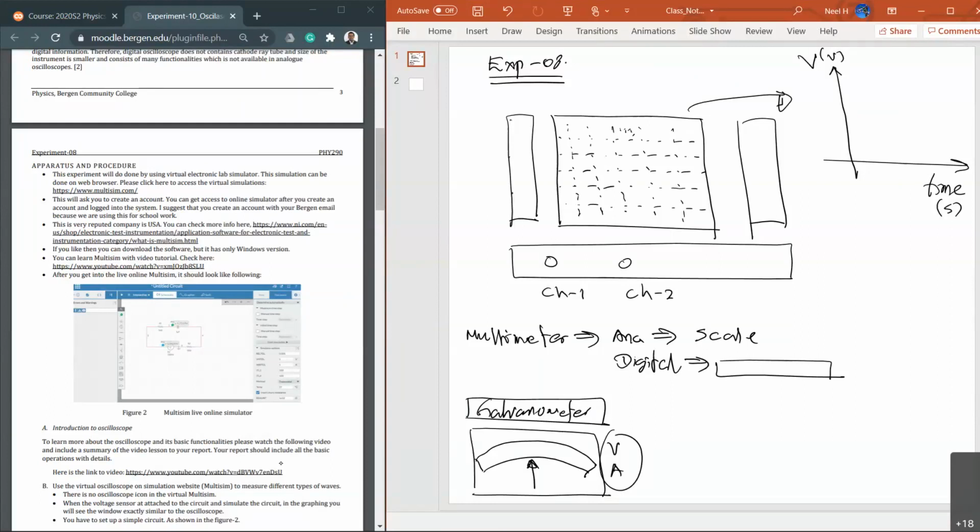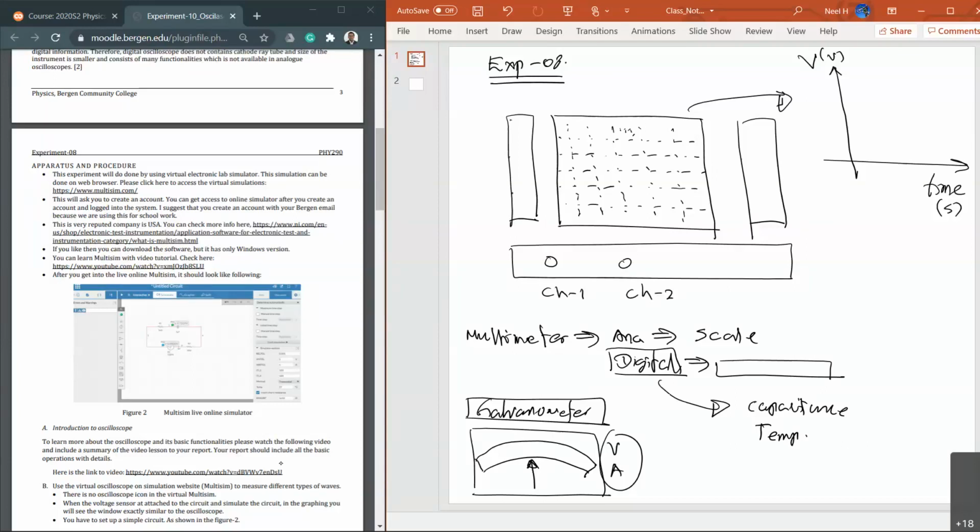The digital version has more advantages. Those versions have other measurements included. For example, you can measure capacitance directly, or you can test a diode, and you can measure temperature directly by using those digital multimeters. So digital multimeters can do more advanced measurements.